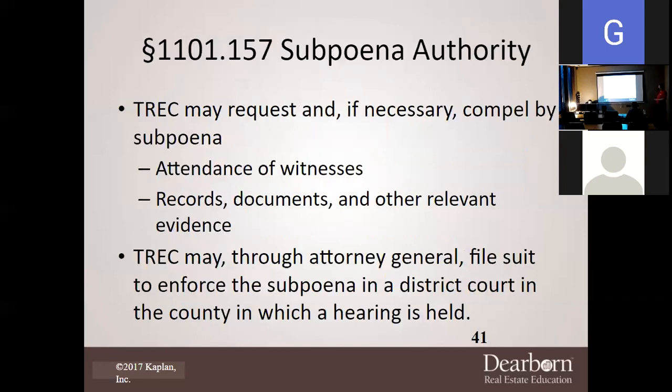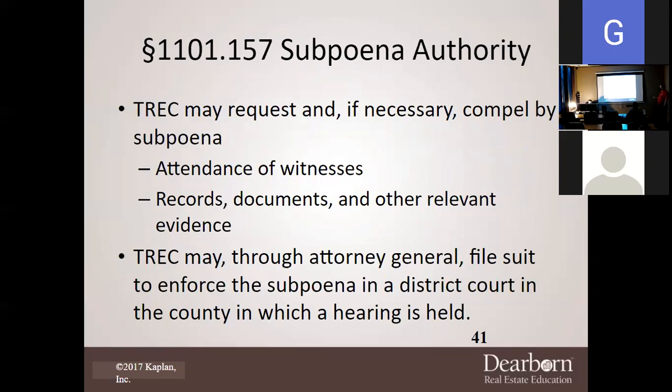Now, TREC may request and, if necessary, compel a subpoena if there's an issue. Say that I'm trying to get something from Stephen and Stephen won't give it to me. Well, TREC can request and actually get a subpoena to get attendance of witnesses, records, documents, or other relevant information that I need, okay?